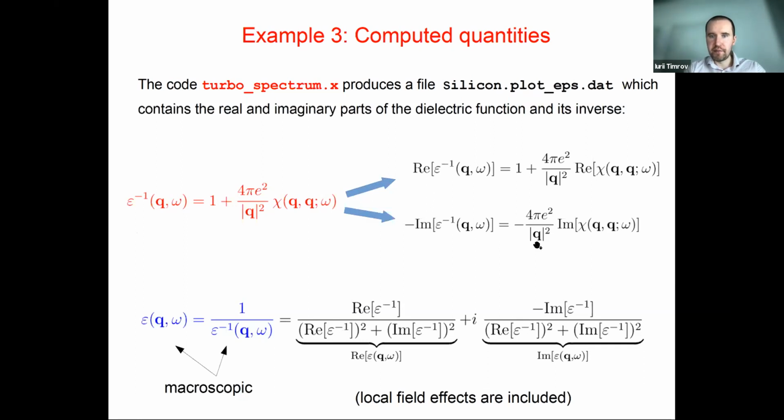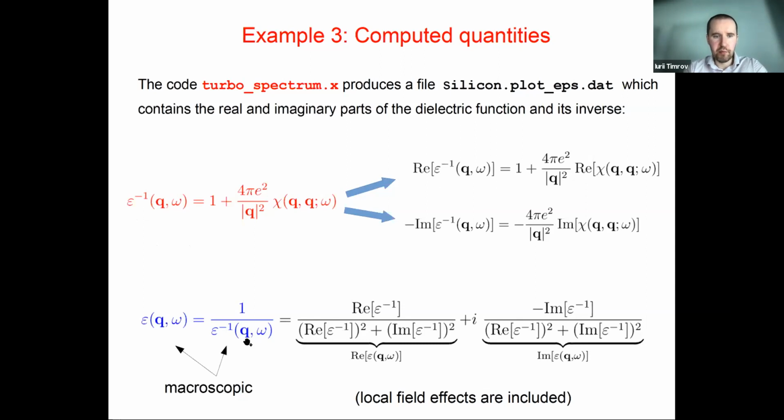using these formulas. And from the knowledge of the real and imaginary part of epsilon^-1, we can also obtain the real and imaginary part of epsilon. So epsilon^-1 is the macroscopic inverse dielectric function, and to compute epsilon, we just take 1 divided by epsilon^-1.